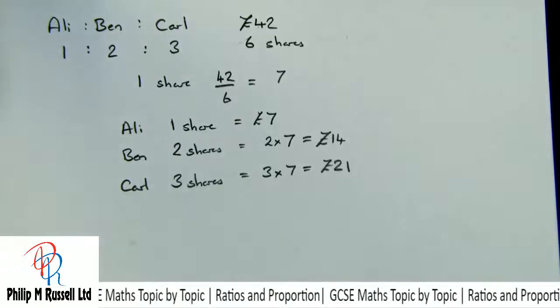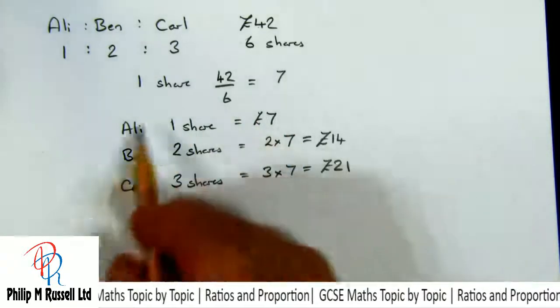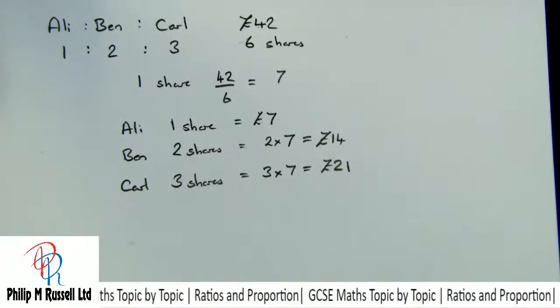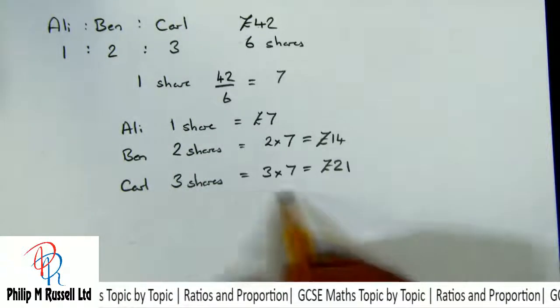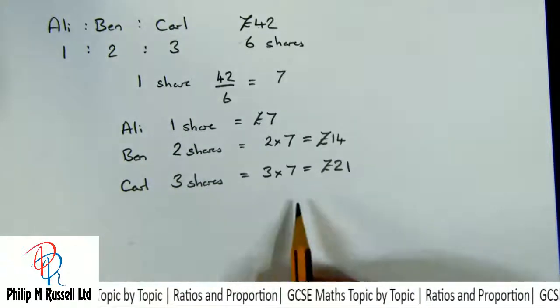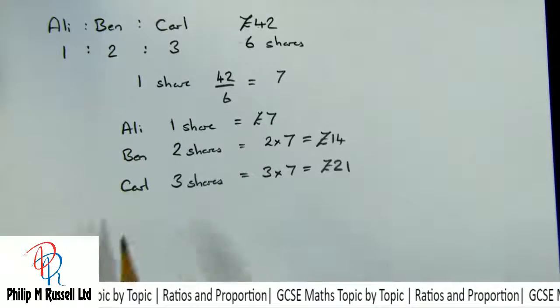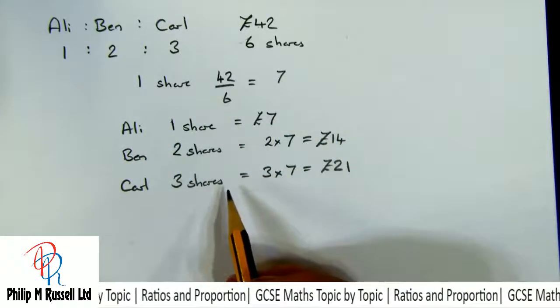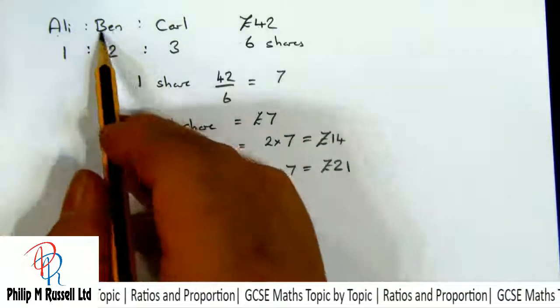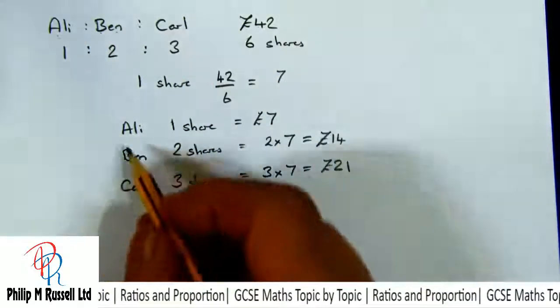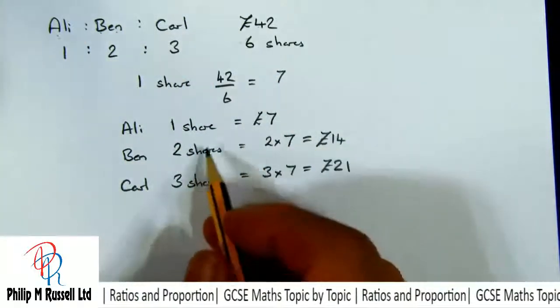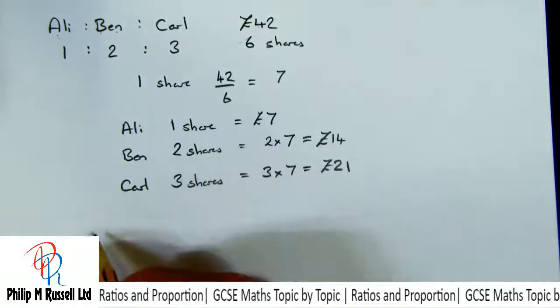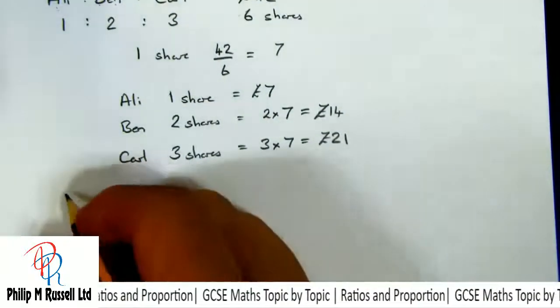Where do students go wrong? Too much writing here. Too much writing, Philip. I can't be expected to write that much. Yes, you can, because this explains what's going on. And quite often, these are names like A, B, and C, and you could, if you wanted to, just say something a little bit similar or simpler.